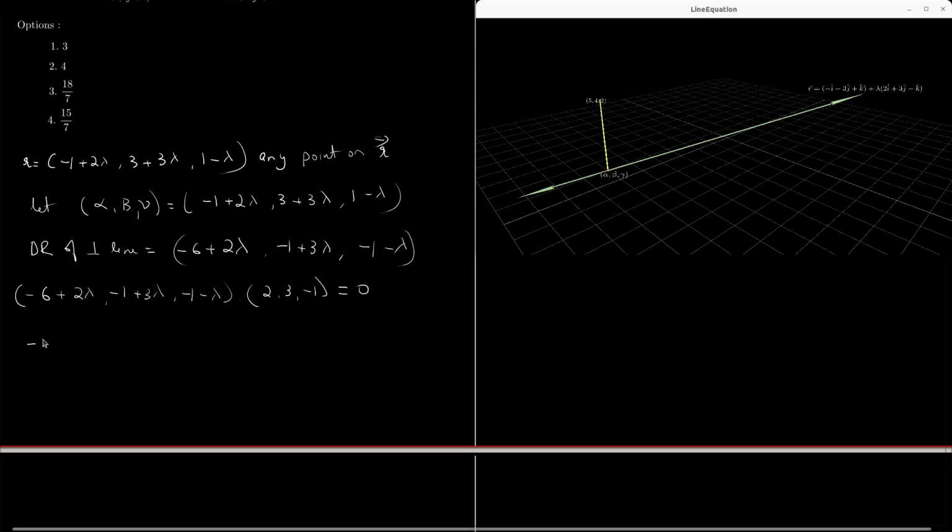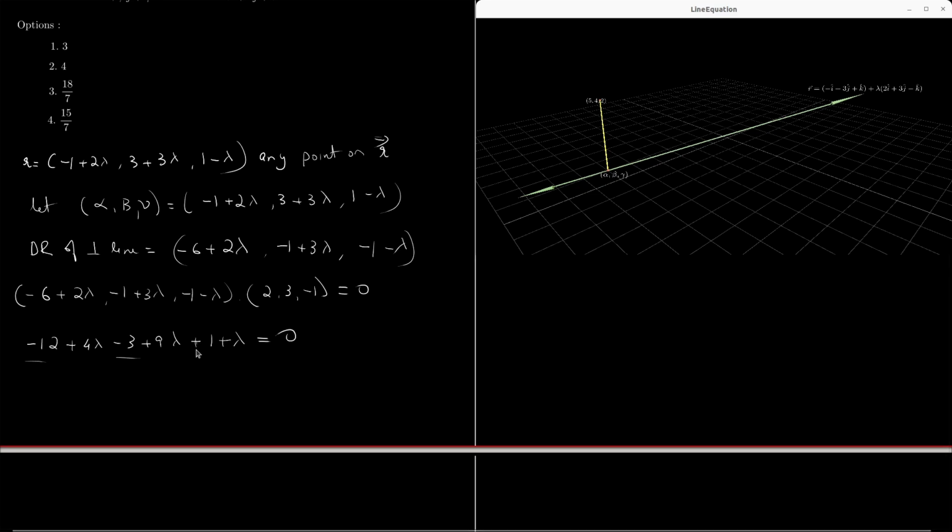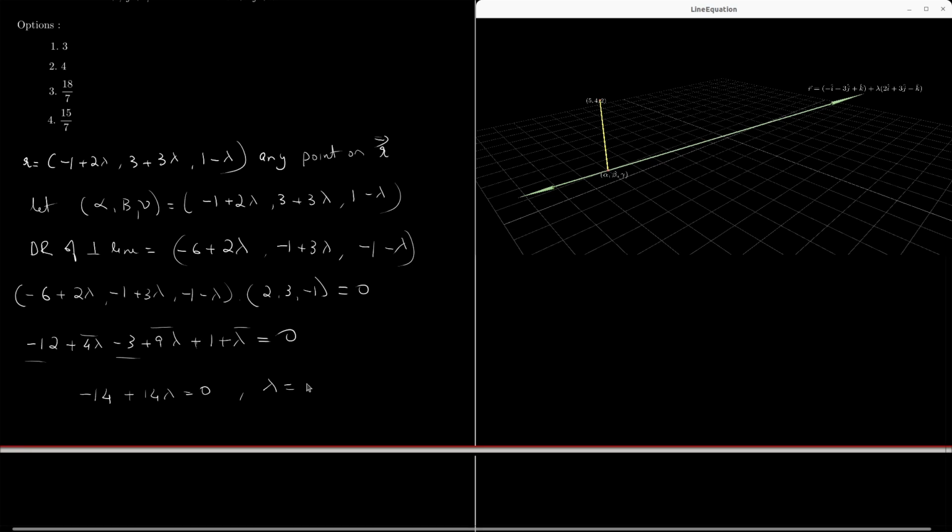That is minus 12 plus 4 lambda, minus 3 plus 9 lambda, plus 1 plus lambda is equal to 0. That gives minus 14 plus 14 lambda is equal to 0, which means lambda is equal to 1.